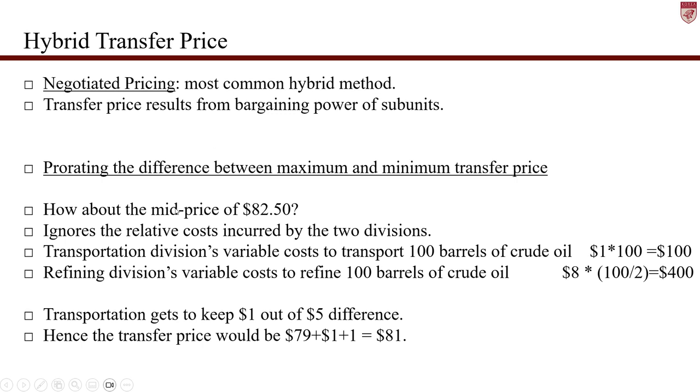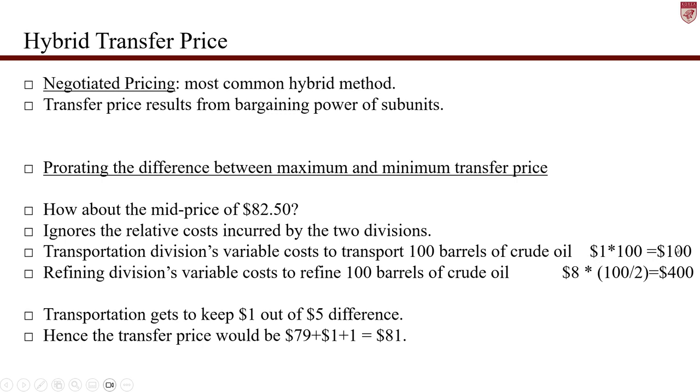If we set the mid price of $82.5, then it kind of ignores the relative cost incurred by two divisions. What does it mean? Let us come back to the two division case. So let's say in order to handle and transport 100 barrels of crude oil, the transportation division's variable cost would be 100 barrels of crude oil times $1 per barrel, right?